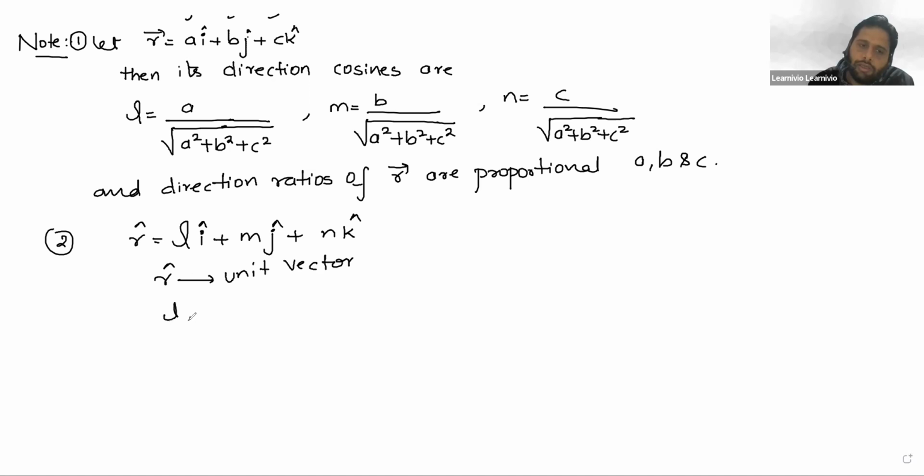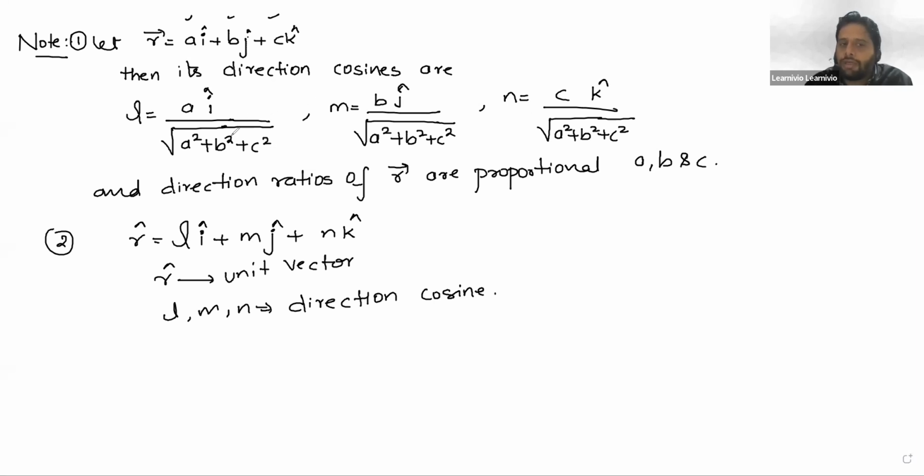And l, m, n are direction cosines. With the help of direction cosines, if you form a vector, that will always be a unit vector. Why? We are finding l i cap, m j cap, n k cap, meaning a i cap, b j cap, c k cap, each divided by the root.